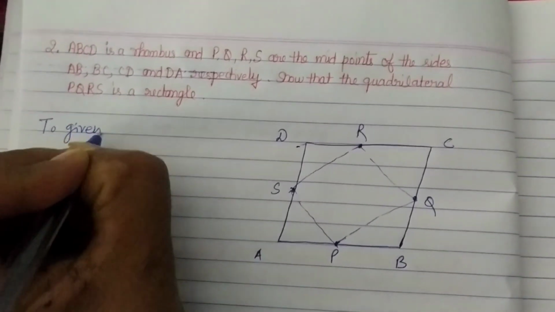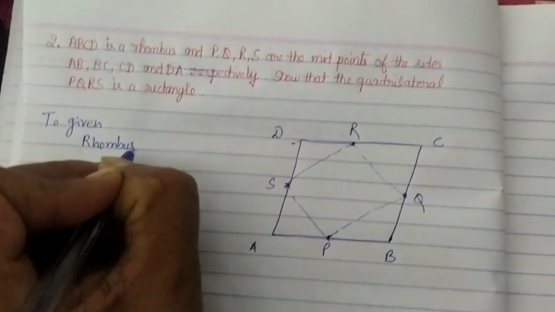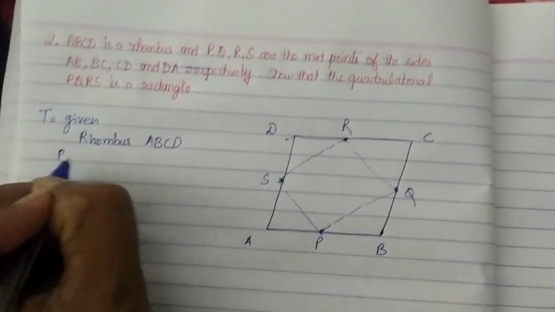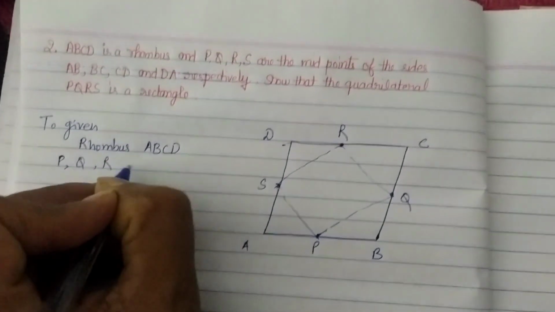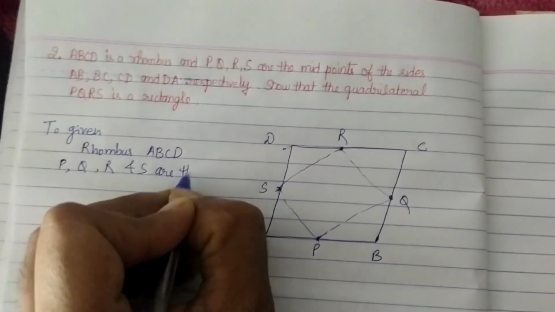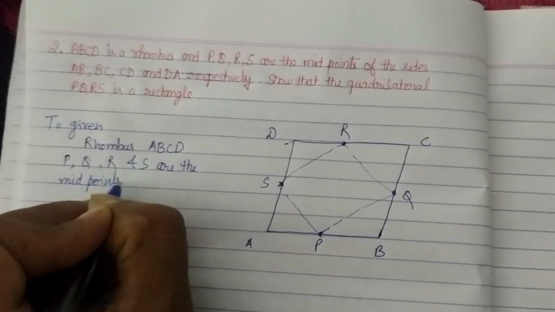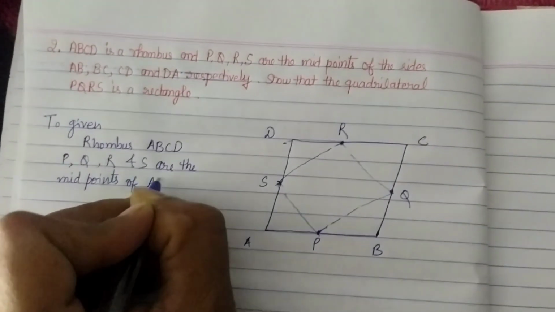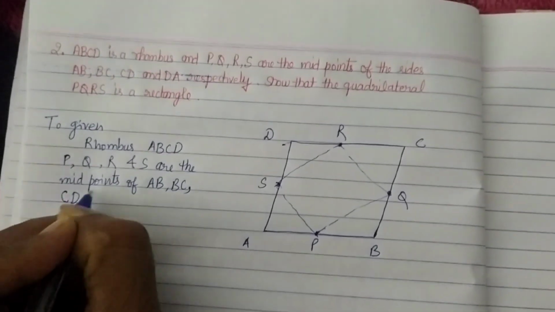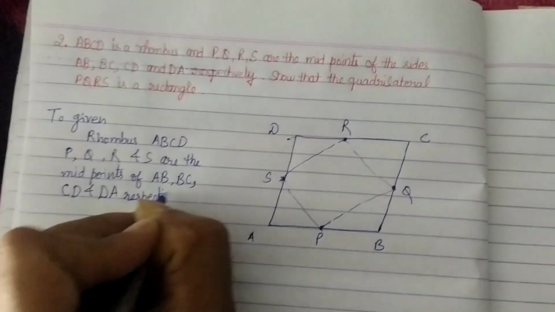Given: we have a rhombus ABCD, and P, Q, R and S are the midpoints of AB, BC, CD and DA respectively.